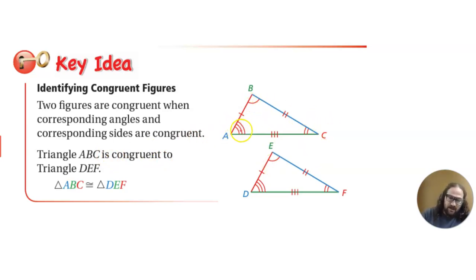So since angle A is congruent to angle D, angle B is congruent to angle E, angle C is congruent to angle F, and then side AB is congruent to side DE, and so forth. The little hash marks show that the sides are congruent, and the little arcs show that the angles are congruent. If all the sides and all the angles are congruent, then you can say that the triangles are congruent.